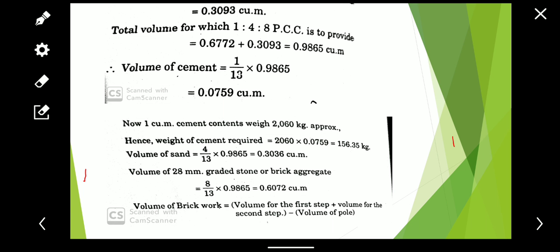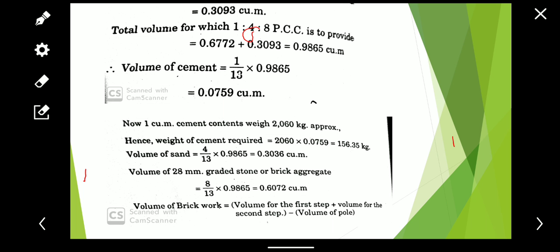Now the volume of sand. Sand is used in the proportion 4 divided by 13. So 4 by 13 into 0.9865 is 0.3036 cubic meter. Then the volume of 28 mm graded stone or brick aggregate.